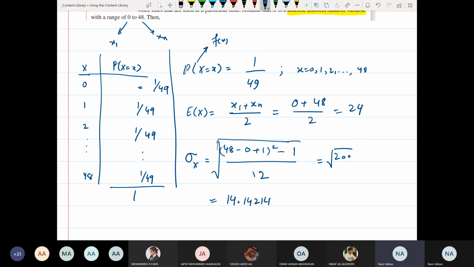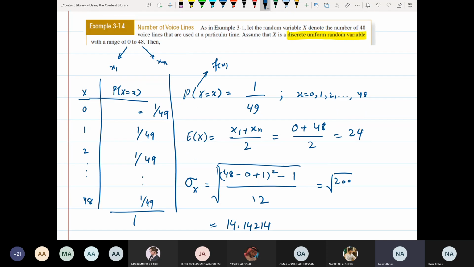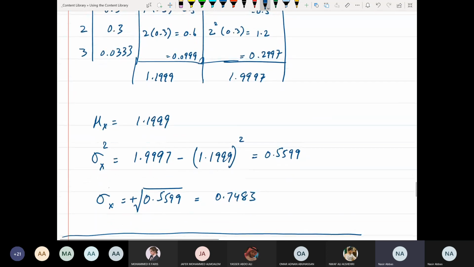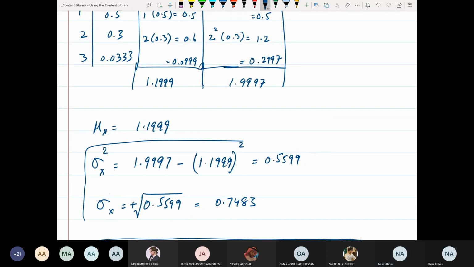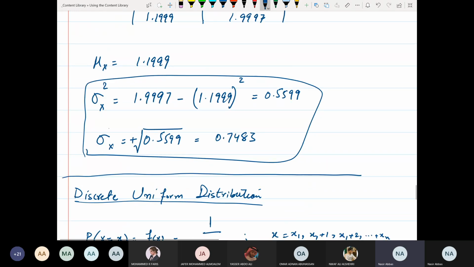This is the standard deviation. Again, you can use the definition here also. But that will take longer.